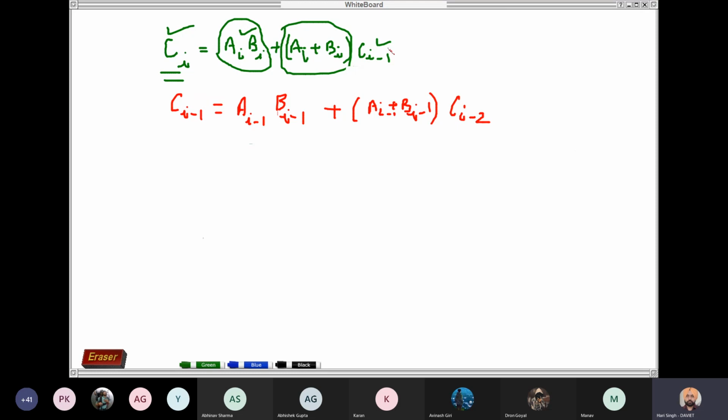Okay. So if I rewrite these terms, this is Gi, the generate factor at the I stage, plus Pi into Ci minus 1. So this will now be Gi minus 1.